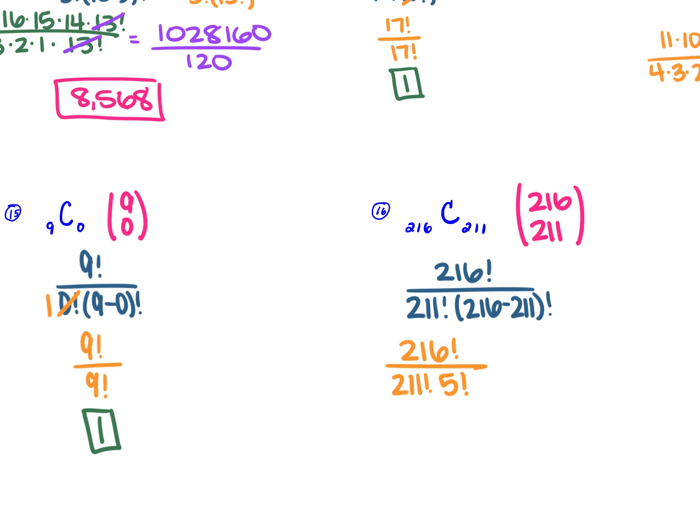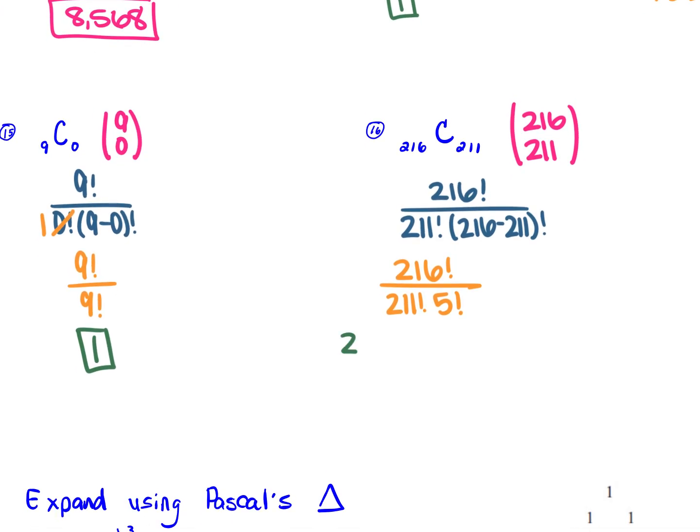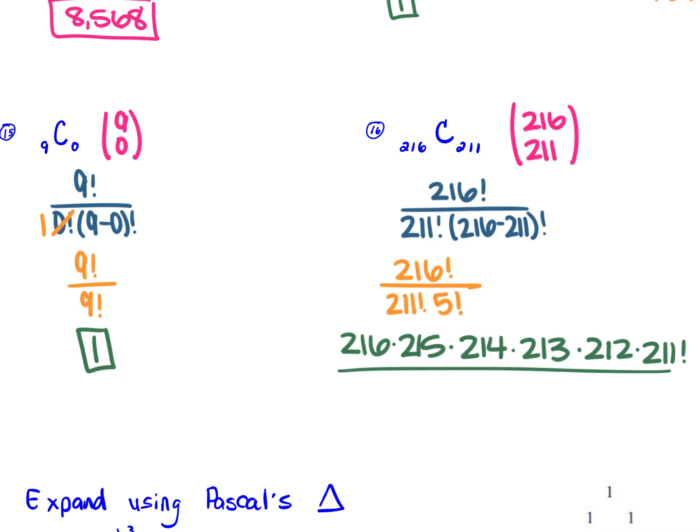The 216 factorial, we're going to go from 216, 215, 214, 213, 212, and 211 factorial over 211 factorial times 5 times 4 times 3 times 2 times 1.